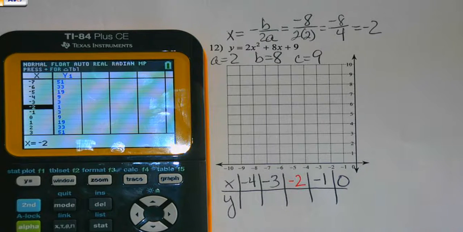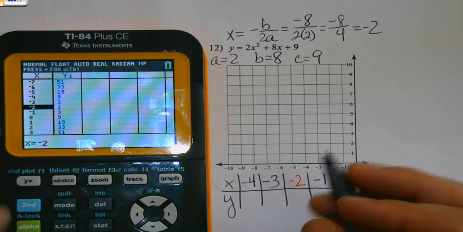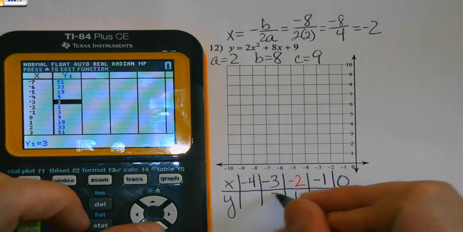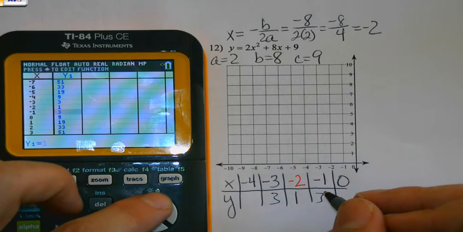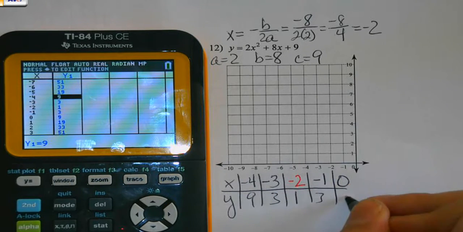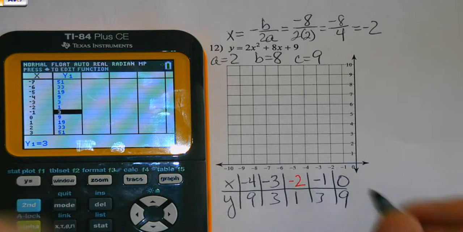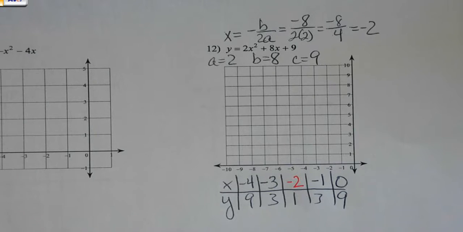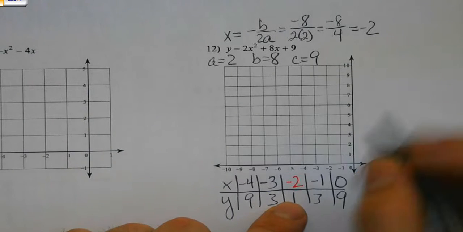You see why I did that? If I'd written all those out and then found out x was supposed to be 2 or something, that would have been kind of messy. So now I can type in my y values and see my symmetry. We'll get these plotted.